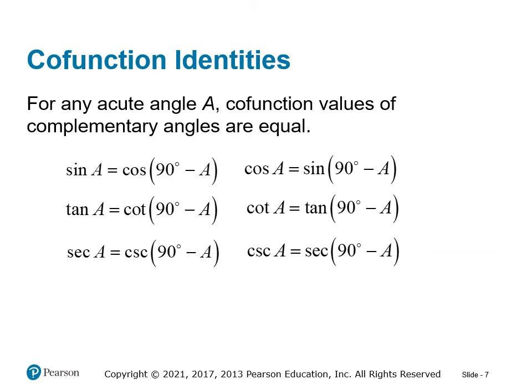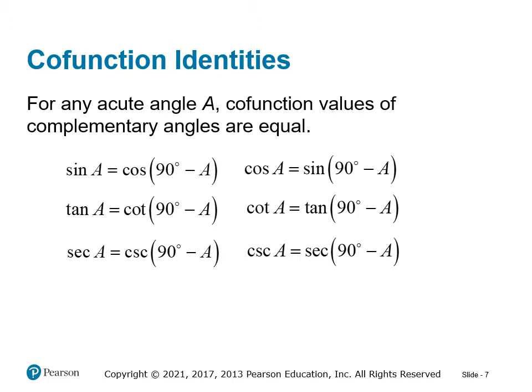And these kind of lead us to seeing, if you looked at those measures side by side, A and B, you'd realize that we have some functions which are cofunctions. And specifically, cofunction values of complementary angles are equal. So what this is saying is, if I have the sine of an angle A, that's equal to the cosine of the angle that is complementary to A, or the cosine of 90 minus A. And that's true for sine and cosine, which are cofunctions.